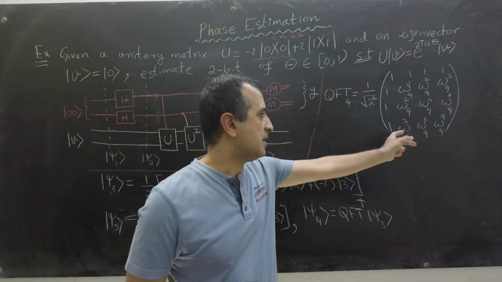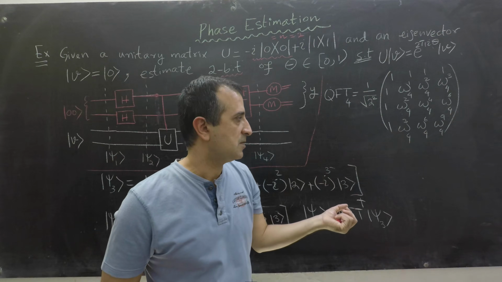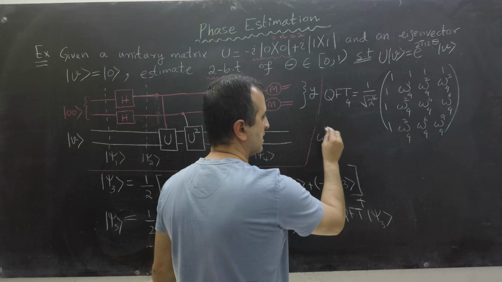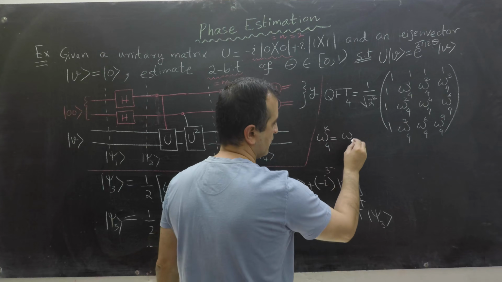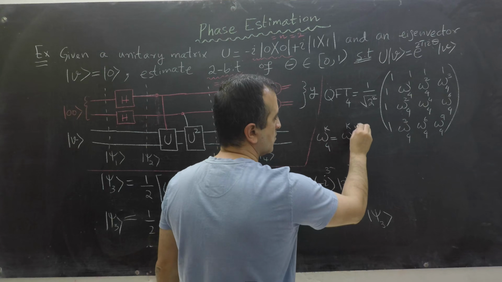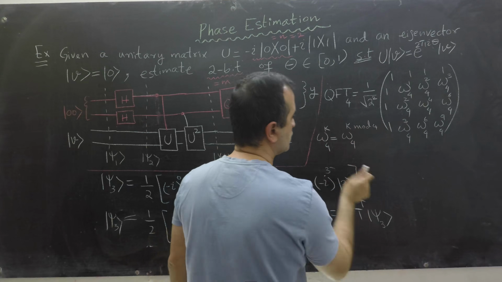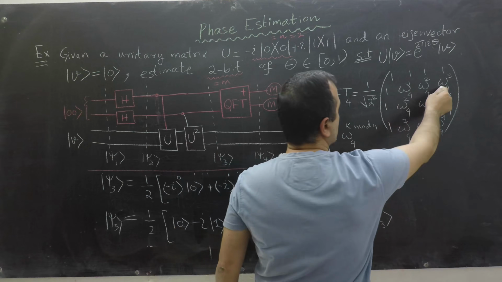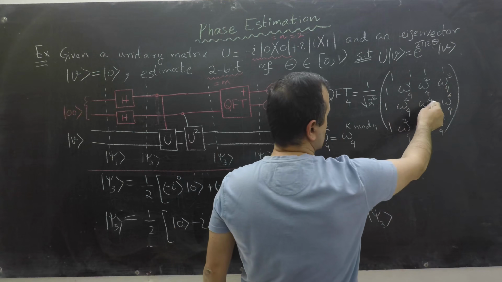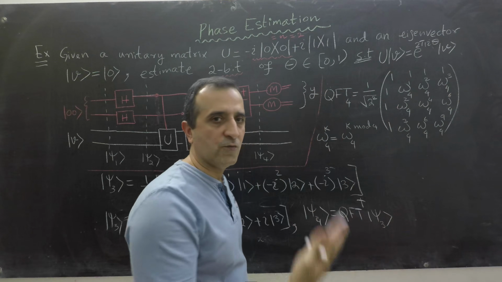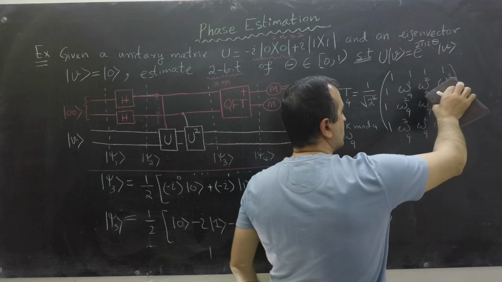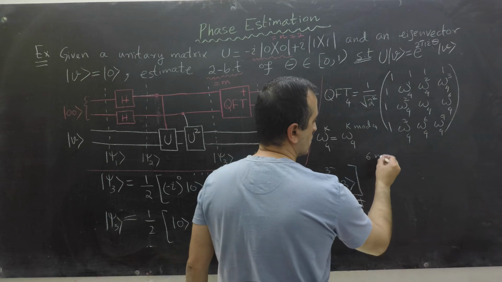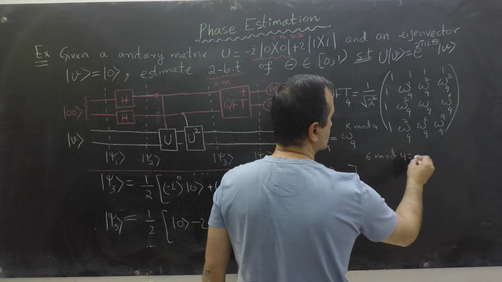However, these omega represent a modular function. So you can say that omega 4 raised to power k is the same as omega 4 raised to power k mod 4. Using this, we can simplify many of the entries. So these entries are fine, but this is not fine because 4 mod 4 is equal to 0, so I don't need a power of 4 here. Similarly, 6 mod 4 is equal to 2.